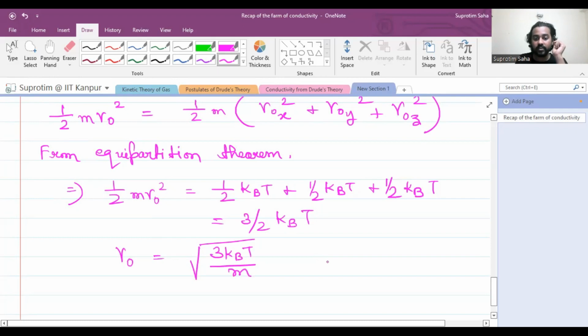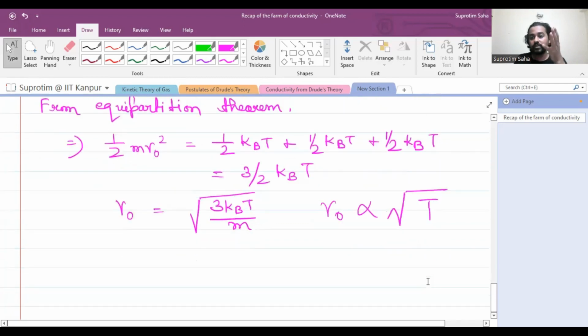This implies that v naught is proportional to root under T, pardon me, root under T. So the mean velocity of the charge carriers, the electrons, depends on the square root of T. All right.